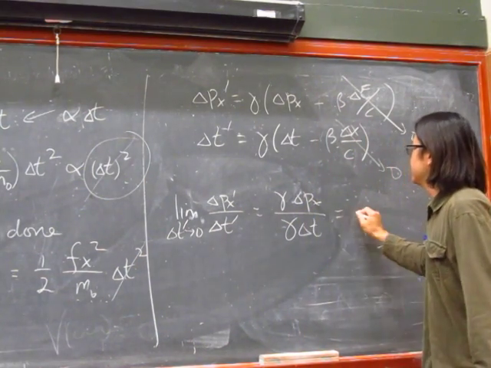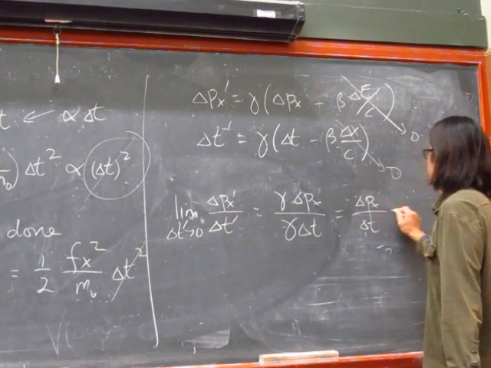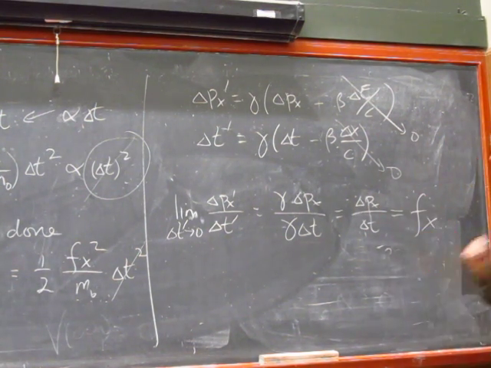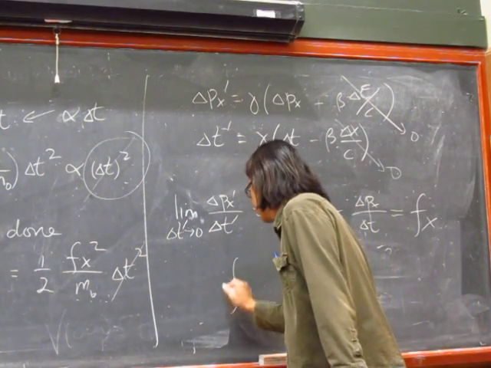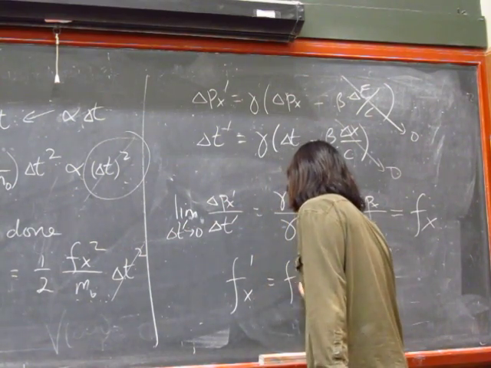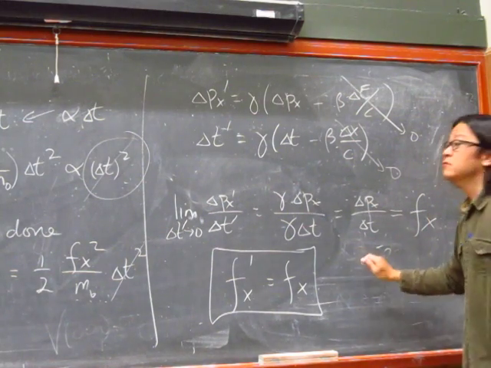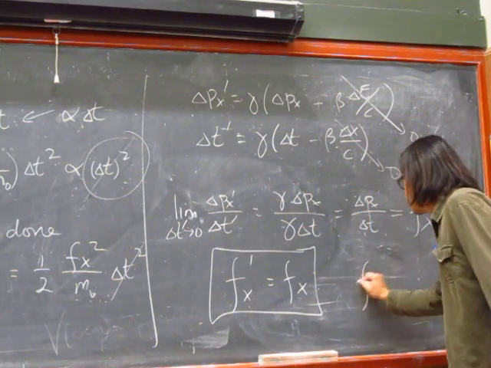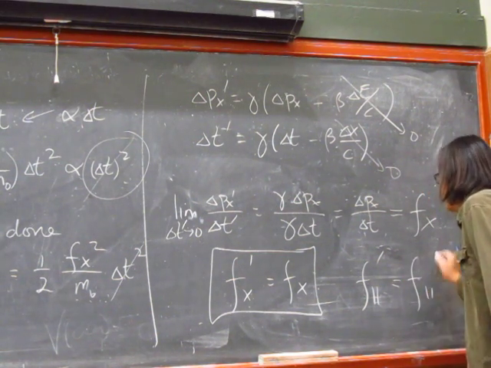This is just delta px over delta t, which is equal to the force in the x direction. So the transformation of the force in the x direction is simple: Fx prime is equal to Fx. Or, since x is the direction of motion, sometimes you write it this way: F parallel prime is equal to F parallel.